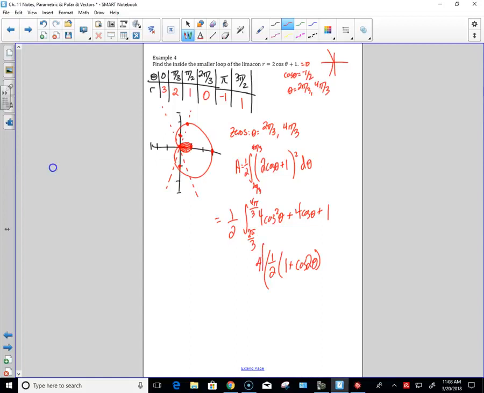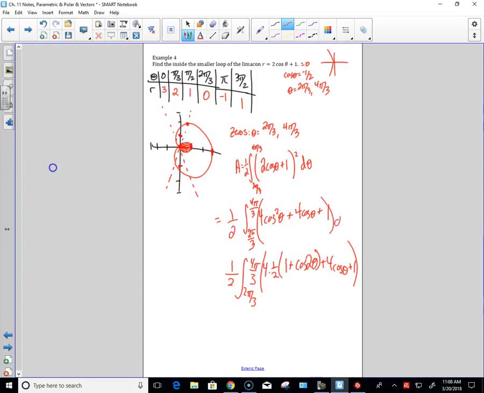Then I have my, oh, I did not write my integral, I apologize. There we go. That works, right?